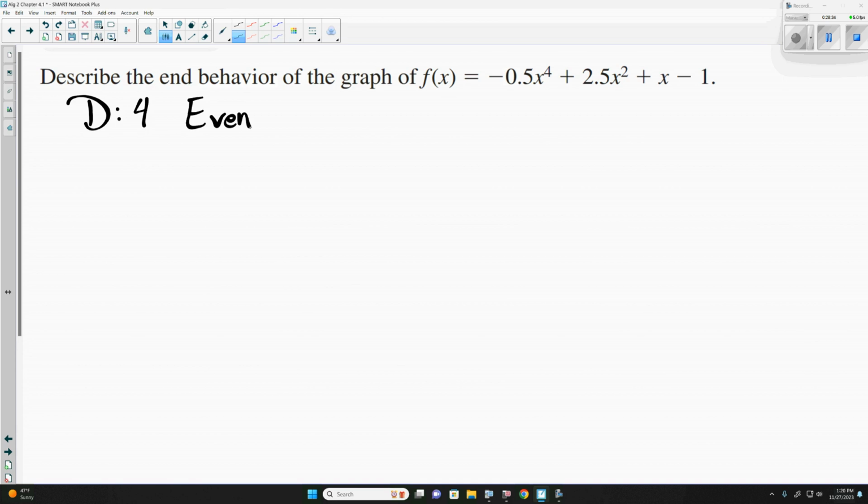For end behavior, it is a quartic, but this would be an even degree, because 4 is even. Leading coefficient: negative 0.5, so the leading coefficient is negative.